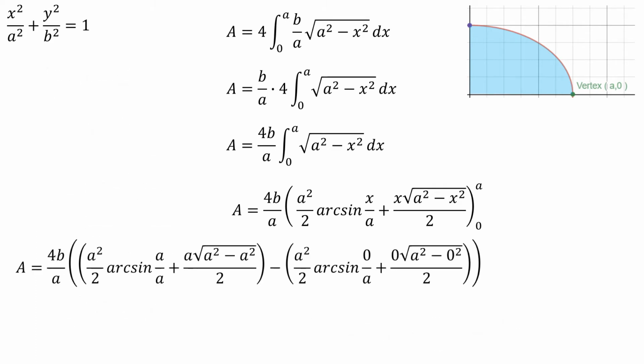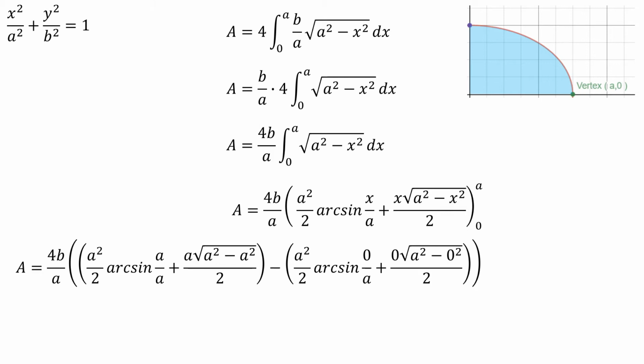Okay, so when I plug in a, every place I see an x, I have to plug in an a. So that arc sine of x over a becomes arc sine of a over a. And then that x in front of the square root symbol becomes an a. And inside the square root, a squared minus x squared becomes a squared minus a squared.